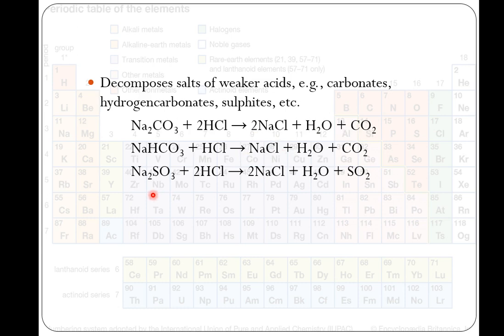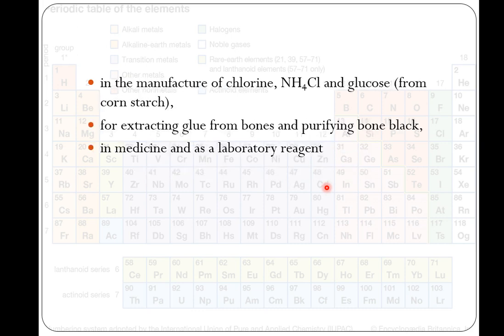With sodium sulfide, it forms sodium chloride and hydrogen sulfide. It is used in the manufacture of chlorine, ammonium chloride and glucose. Also used for extracting glue from bones, purifying bone black, in medicines and as a laboratory reagent.